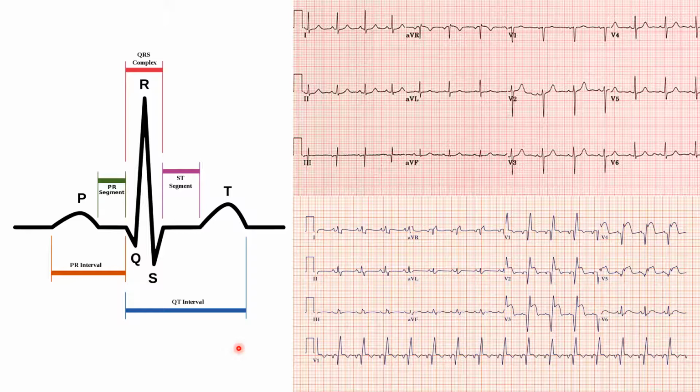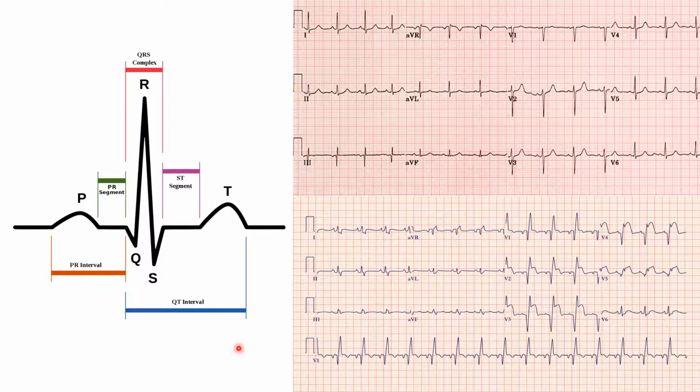Again, the P wave, the QRS, and the T wave are the main parts of the ECG.